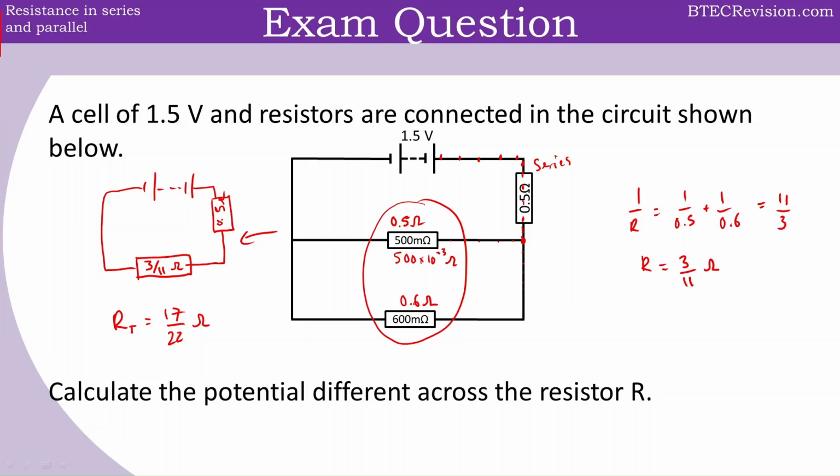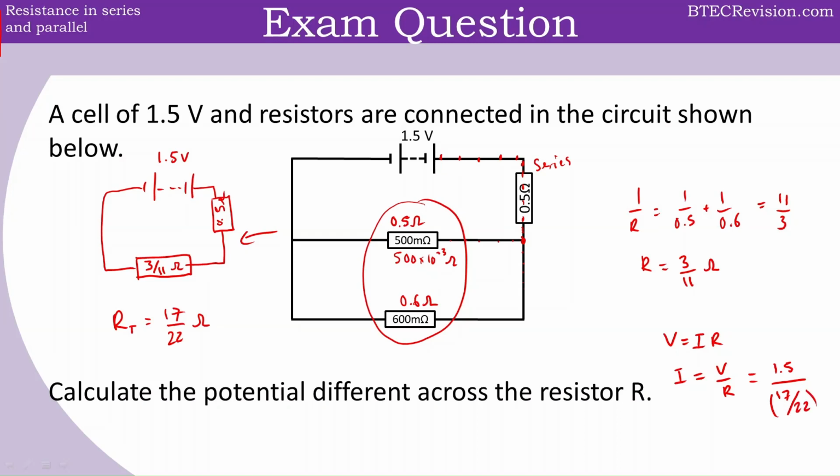Now we have the total resistance and we have the total voltage in the circuit. Hopefully you can think which equation that would be. V equals IR, and we can rearrange that for I, and we know V is 1.5, and the resistance is 17 divided by 22.